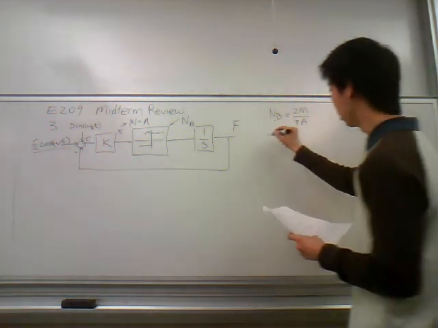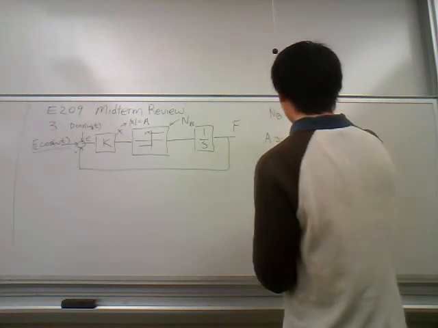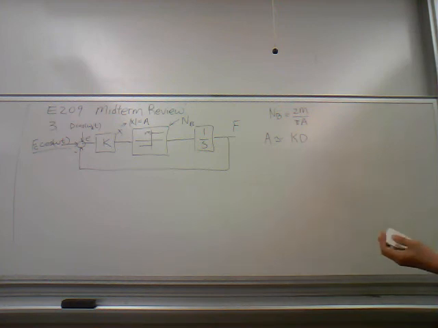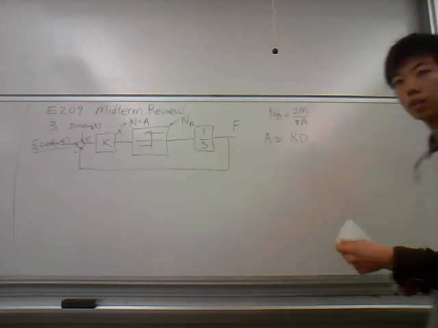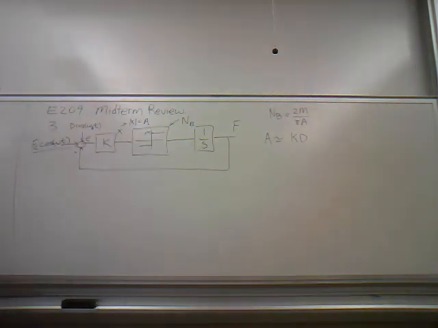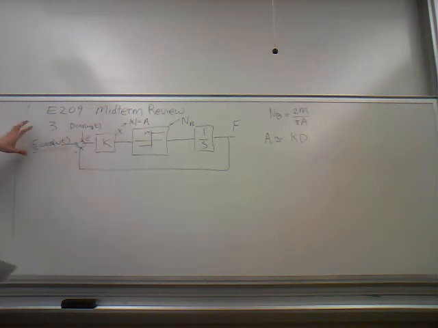It also says in the question that we can approximate A as KD. So why can we do that? So this approximation comes from, so A is here, right? So A is actually K times this plus this minus that.